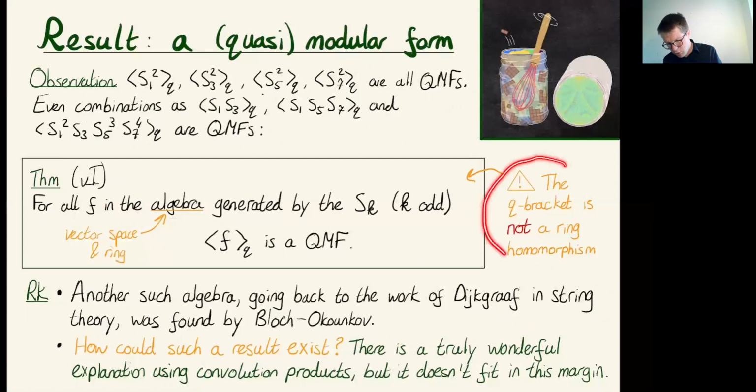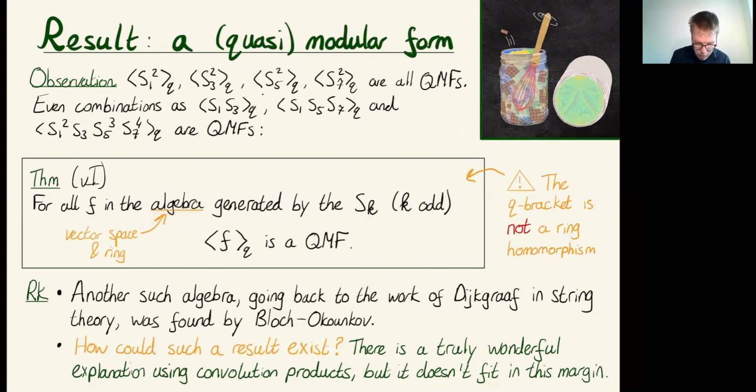So I've written here the mathematical explanation why this is something you would not expect, namely, phrased more mathematically, the Q bracket is a linear mapping, so this corresponds to adding, but it's not a ring homomorphism. So you would not expect it to behave nicely under products. But in fact, the result, which is the main result of today, and one of the results in my thesis, is that for all functions in the algebra of the symmetric functions, so let me stop a bit to explain the word algebra.